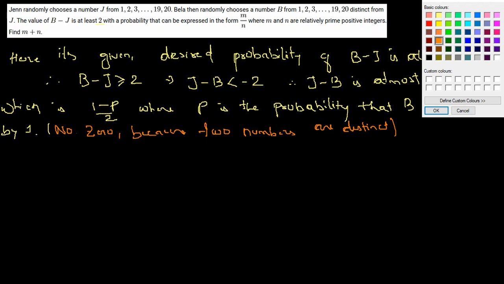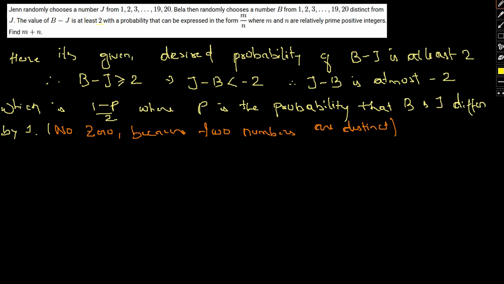So now let us take a case. Suppose this is my number for b and this is my number for j. Now suppose the total number of cases we need to find out. b can be chosen as any number from 1 to 20, so b has 20 choices, and for j, except for the number chosen for b, we have 19 choices.